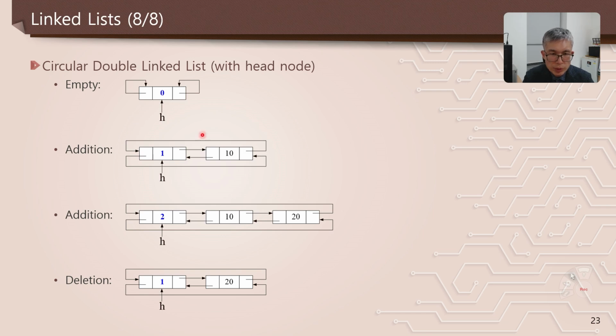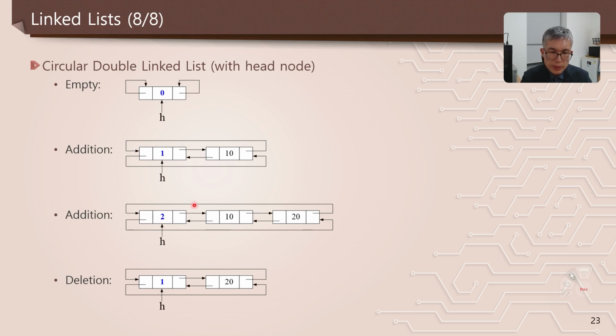Okay, so we try to make a circular linked list. So we make another one also, 10. The node's next points to the new node, this next points to the H node, and this new node, 20, previous points to this first item, and the header node's previous points to the new item.